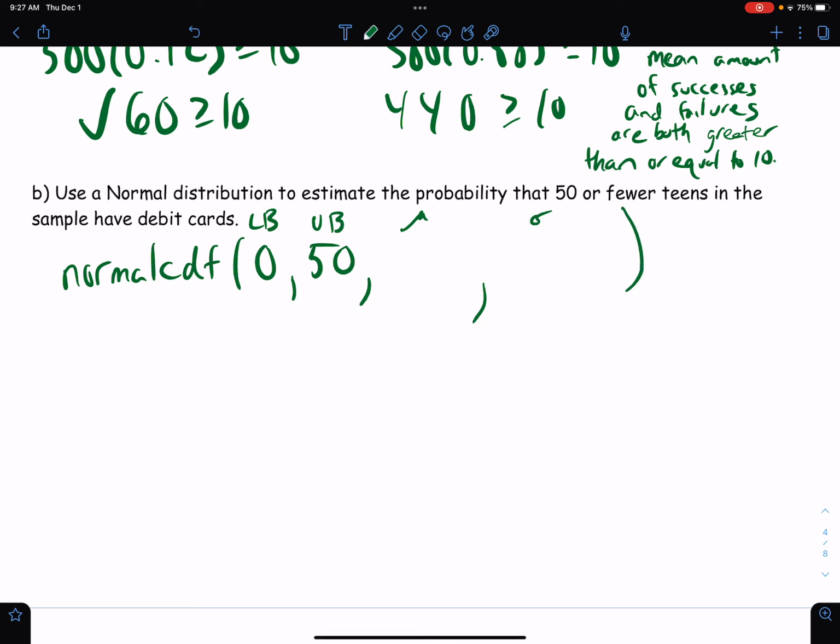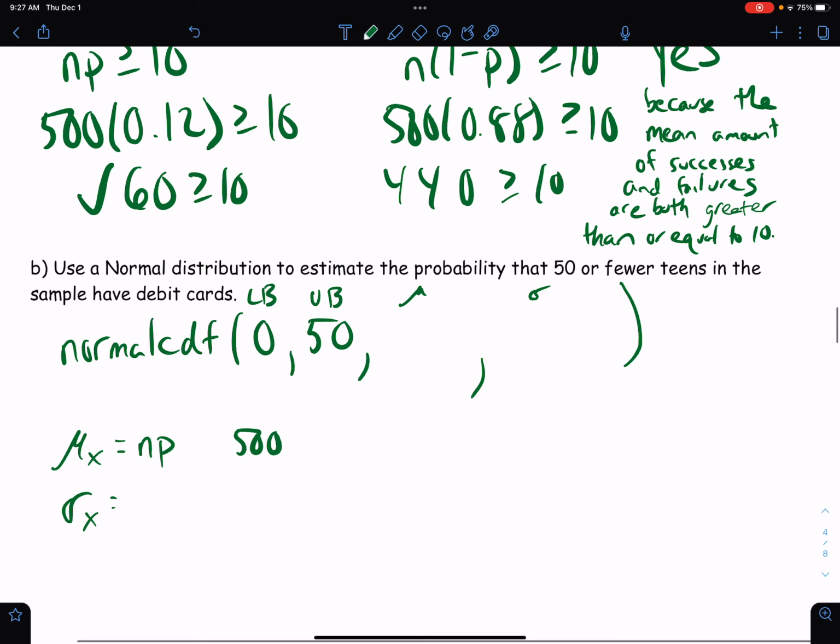So we have to go back to the mean and standard deviation formulas for a binomial distribution. Remember, our mean is sample size times our probability of success. In this case, our sample size was 500 and our probability of success was 0.12. So our mean is going to be 60. So I'll plug 60 in there.